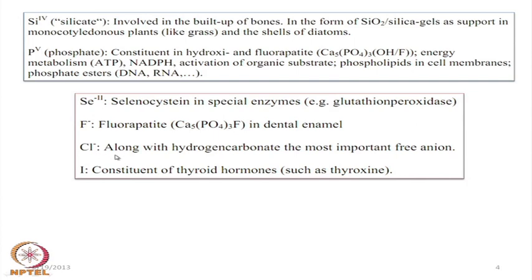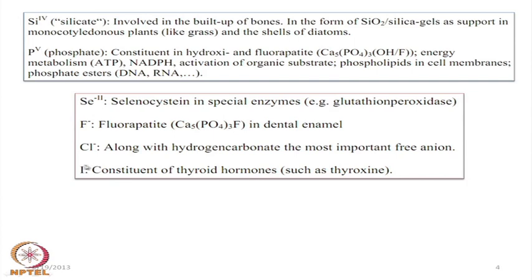Then chloride ion along with hydrogen carbonate is the most important free anion, because when we consume dioxygen in our body after food burning, we produce carbon dioxide, and that carbon dioxide is converted to bicarbonate anion, which has one negative charge. Similarly, Cl minus also has one negative charge, and when we deal with the sodium ion and the potassium ion, we can also deal with the corresponding counter anions such as bicarbonate and Cl minus for the balance.